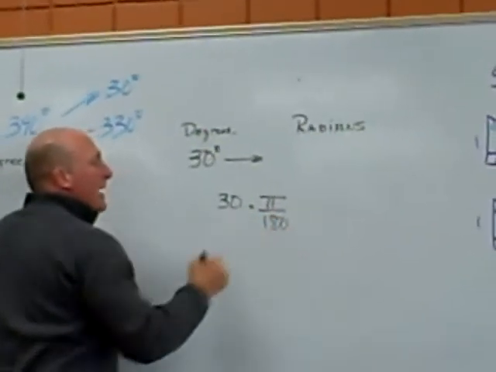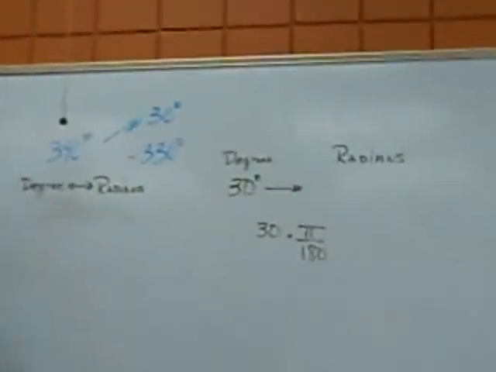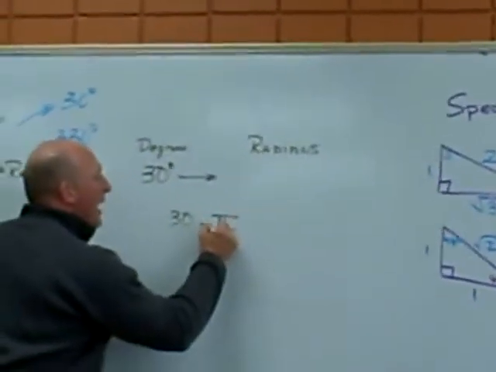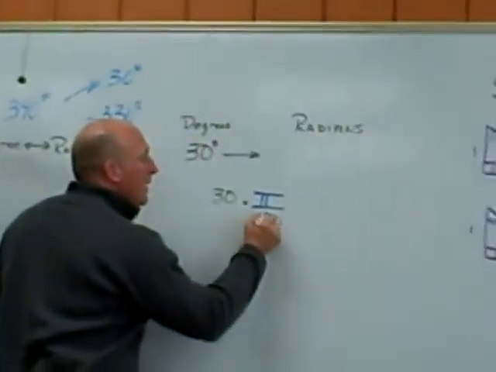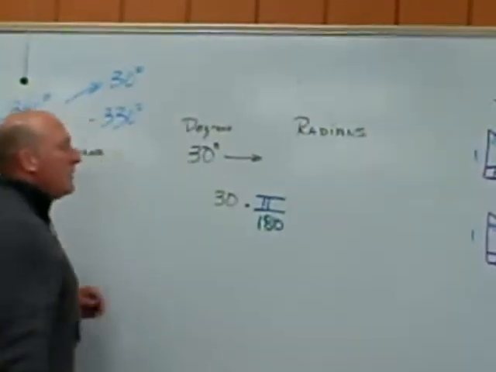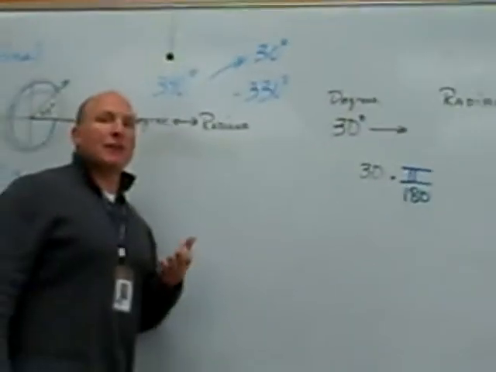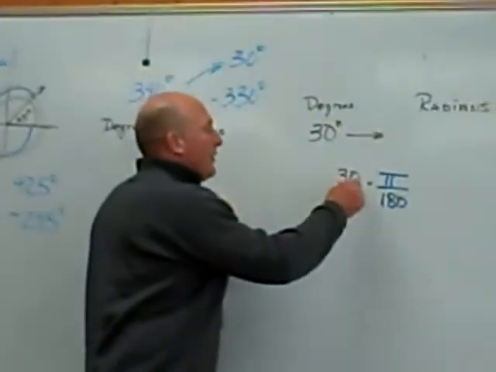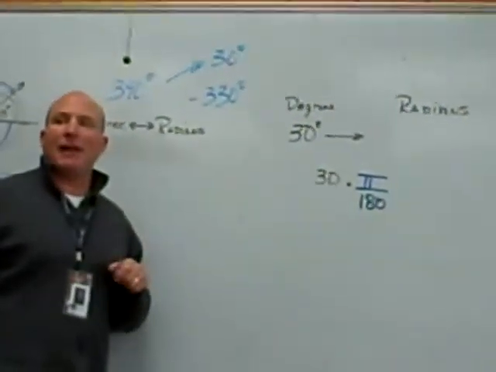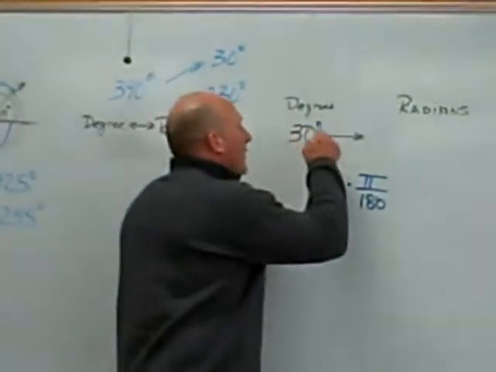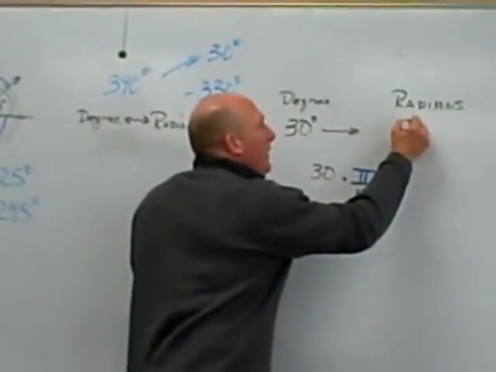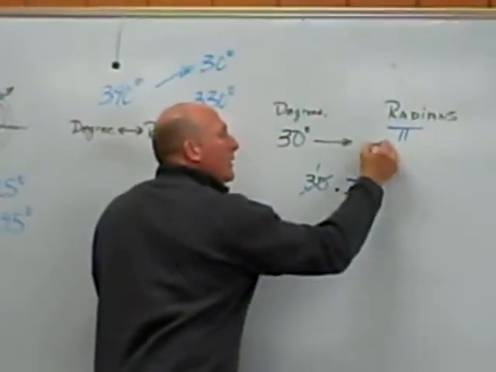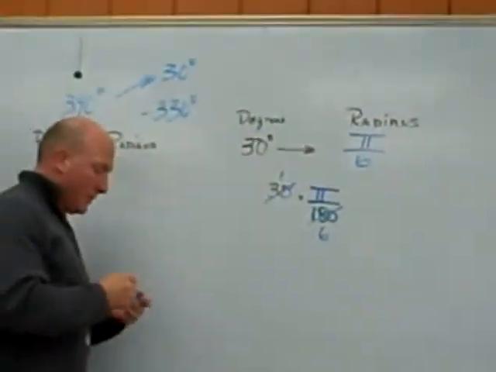You're going to multiply by pi over 180 to convert from degrees to radians. Now, if you're halfway intelligent, which all of you are, I'm guessing you know that 30 goes into 180 how many times? 6. So guess what 30 degrees is equal to? Pi over 6.